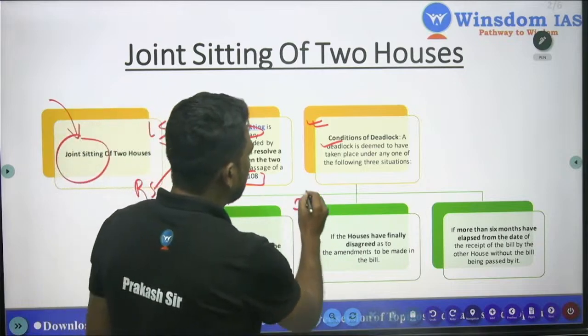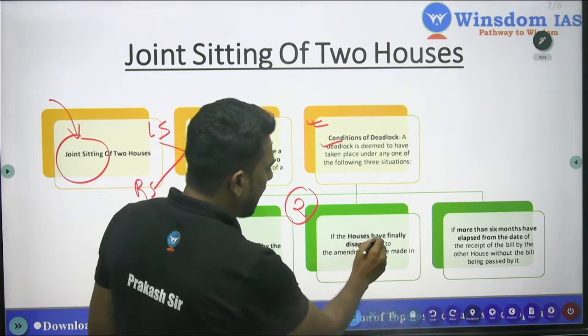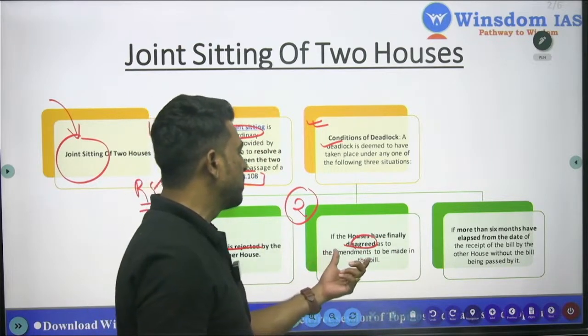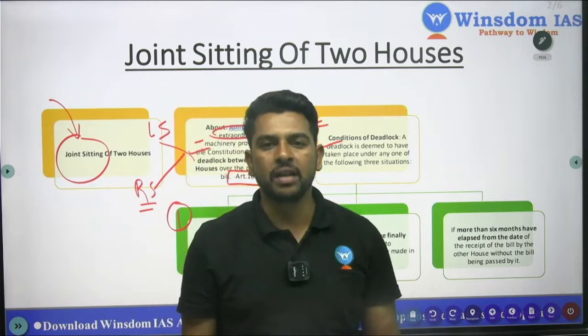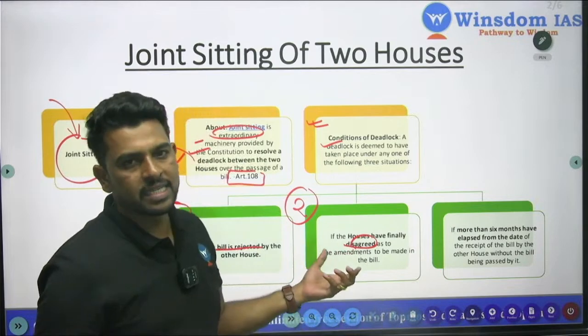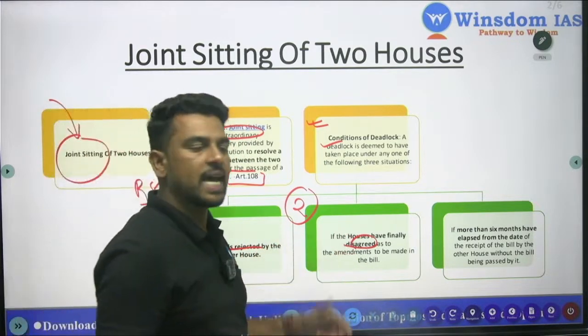The second situation is if the houses have finally disagreed as to the amendments made in the particular bill, meaning either house disagrees. So the first one is rejection, the second one is disagreement.